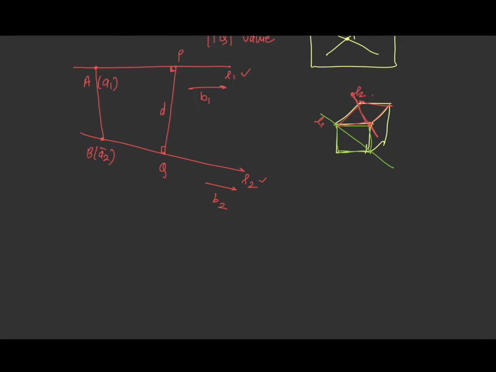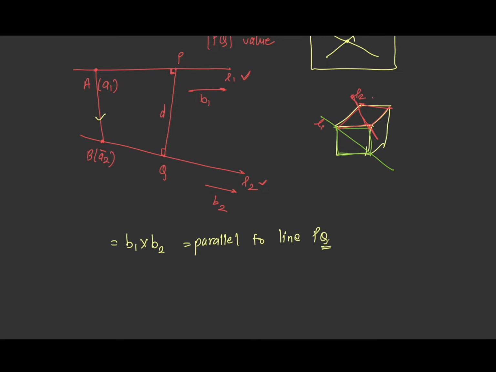So what kind of line is perpendicular to two lines? We know it's the vector product of the two lines. So B1 cross B2 is parallel to line PQ.